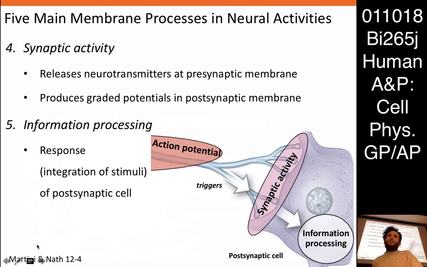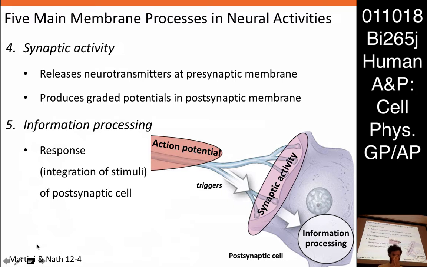All right, so action potentials cause the presynaptic terminal to release neurotransmitters, and it's going to affect the membrane on the other side of the synapse. It's going to cause a graded potential in the next neuron.